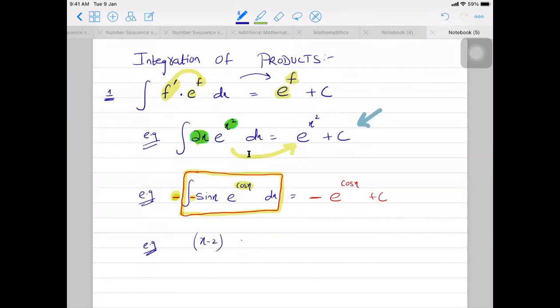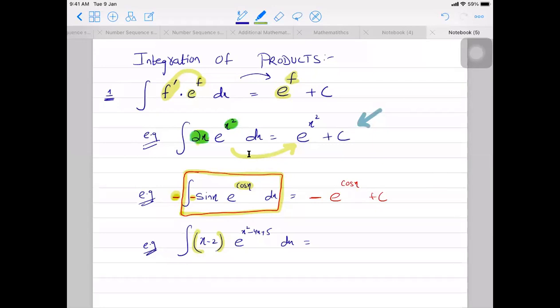x minus 2 times e to the power of x square minus 4x plus 5, integration dx. So x minus 2 is being multiplied by e to the power of x square minus 4x plus 5.